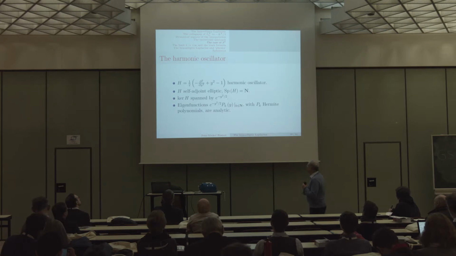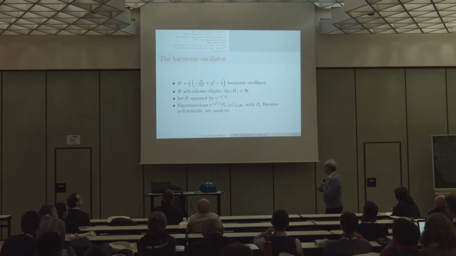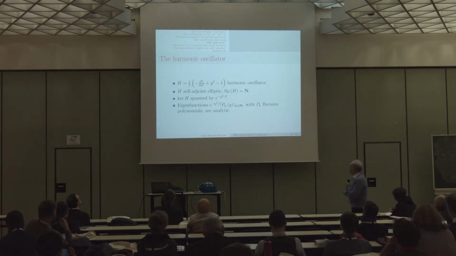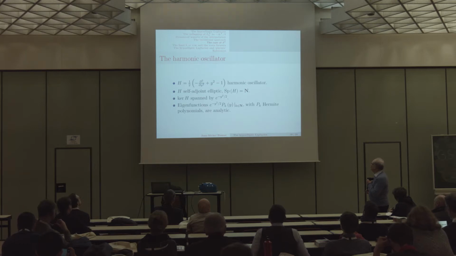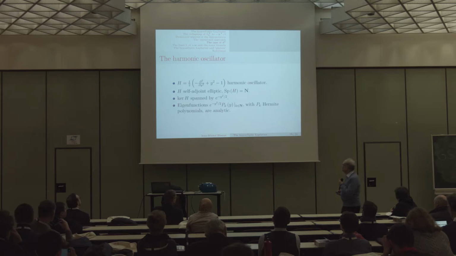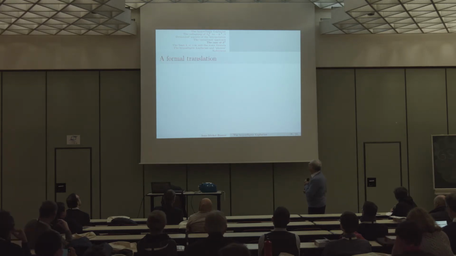This computation was done by physicists at the beginning of quantum mechanics. The eigenfunctions are just polynomials times the Gaussian function. The polynomials P_k are the so-called Hermite polynomials. All these functions, the Gaussian and Hermite polynomials, are not only smooth in the variable y, they are analytic. This will play an important role in understanding the properties of this hypoelliptic Laplacian.